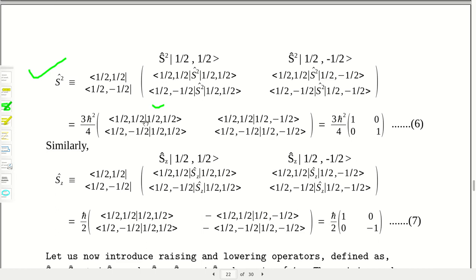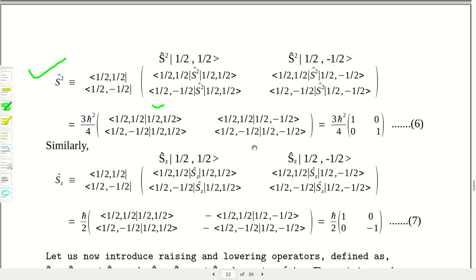So it is written, see here, A squared operating on half half will give you 3 by 4 ħ squared into the ket half half, and 3 by 4 ħ squared has come out of the matrix, because each term will give you the eigenvalue 3 by 4 ħ squared. So it is common and taken outside the matrix, and for each term now use the orthonormal property.